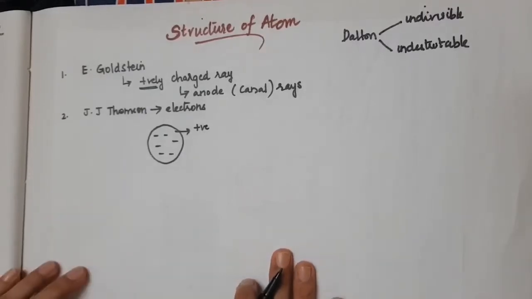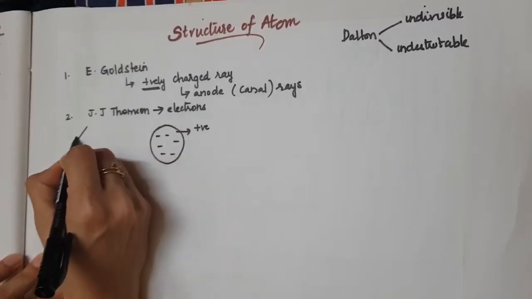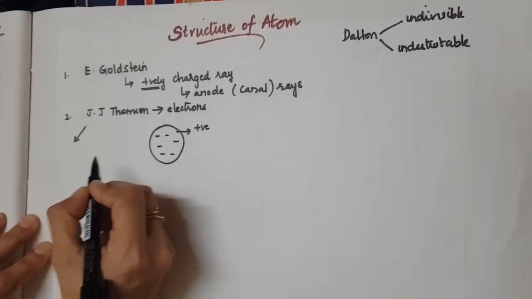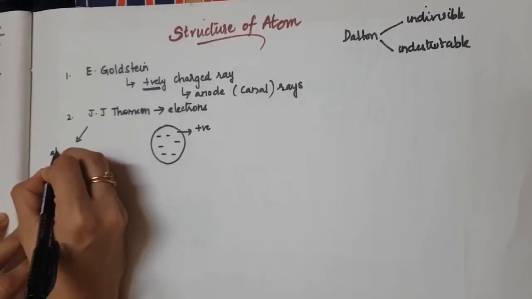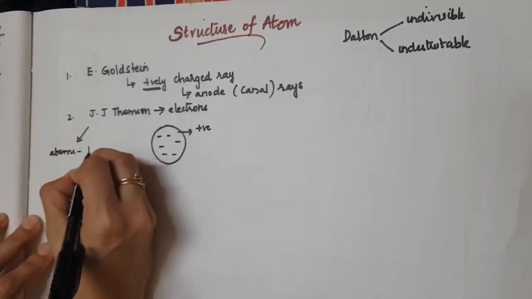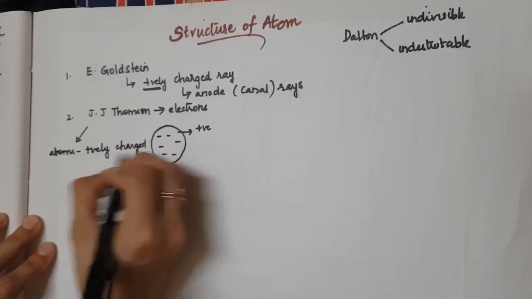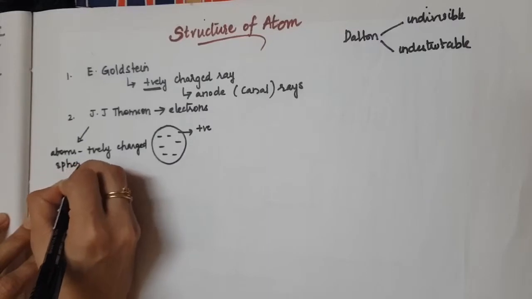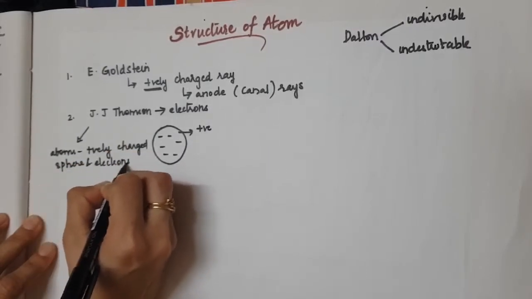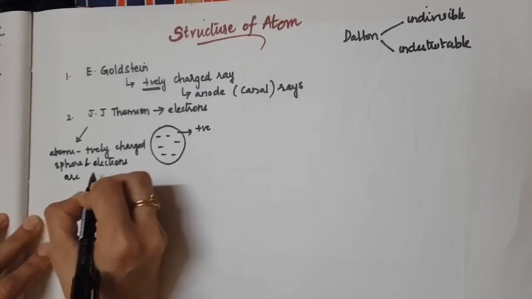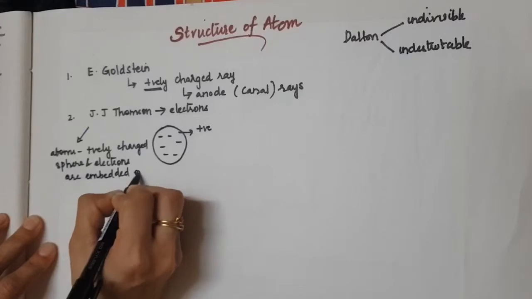So the two conclusions that he made from his experiment were, first, that atoms consist of a positively charged sphere and electrons are embedded on it.